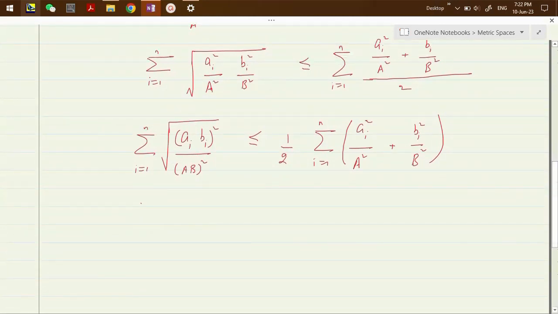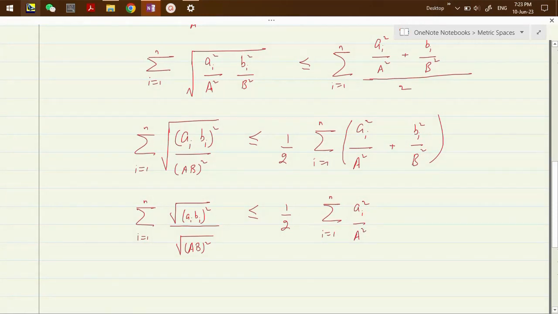Then we have summation i from 1 to n, and this is less than or equal to 1 by 2 summation i from 1 to n ai square over a square plus summation i from 1 to n bi square over b square.